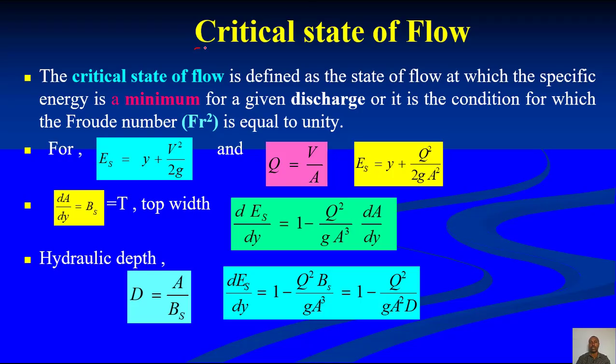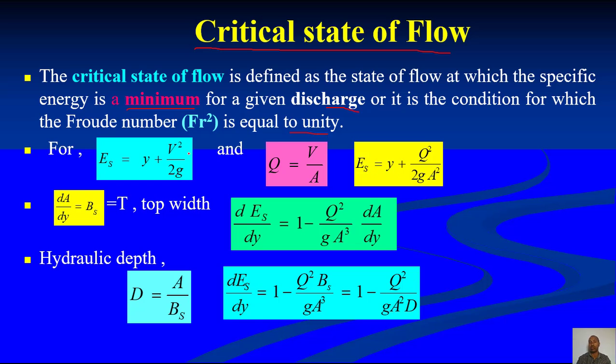So let us see first the critical state of flow. The critical state of flow is defined as the state of flow at which the specific energy is minimum. So to get minimum specific energy for a given discharge, or it is a condition for the Froude number equal to unity. So let us see.